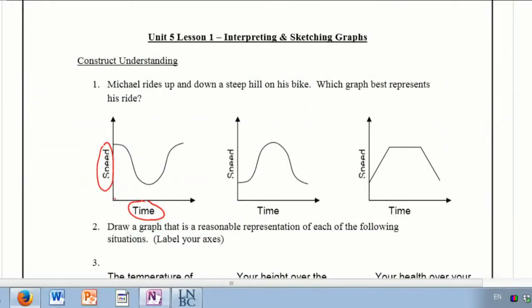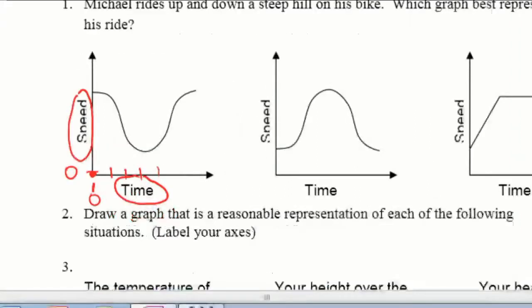Down at the very middle here, we call this the origin, and we don't have any values here, but we could put in something like 0 for time, and we could put in something like 0 for speed as well. And most graphs will have little increments like this, kind of like a number line, same thing going up this way.